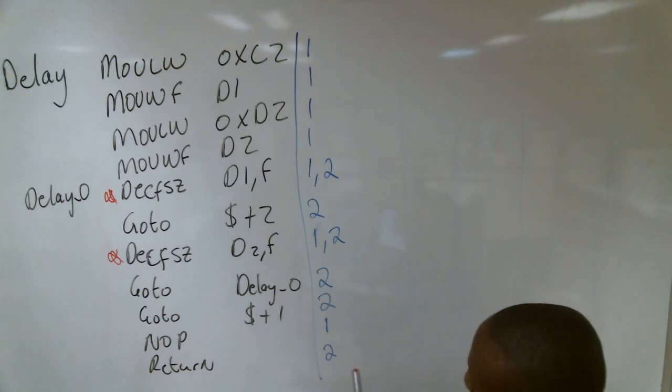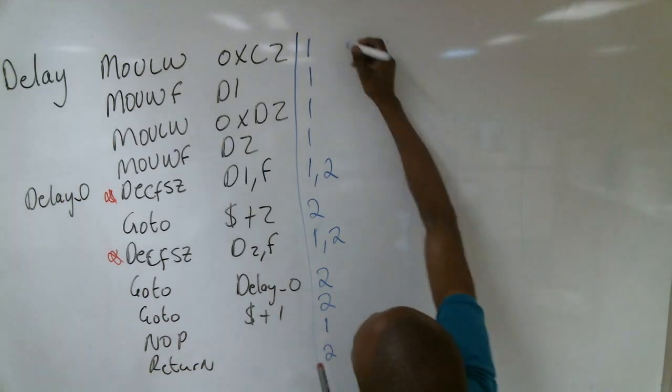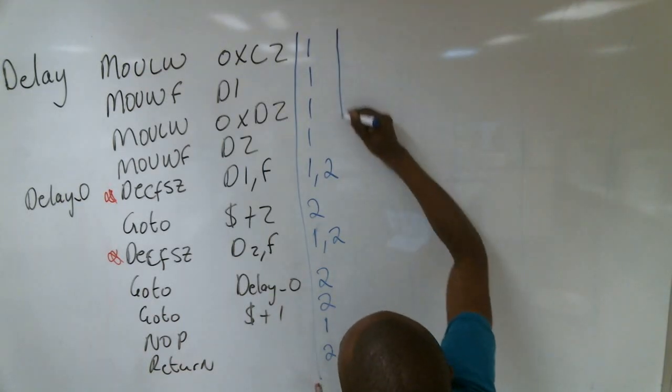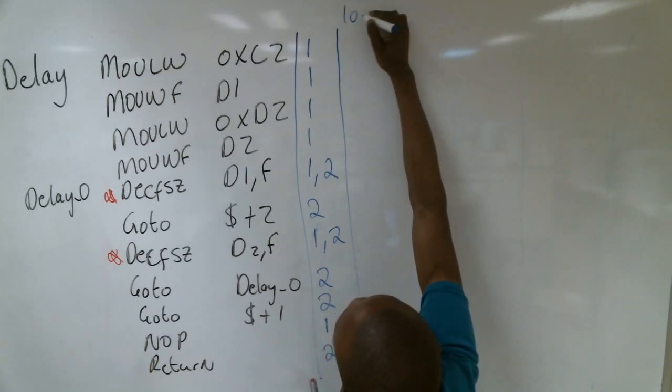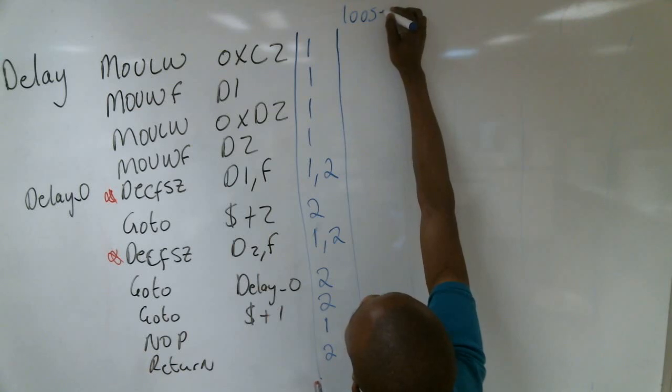So here I'll write down and say there's going to be something executed, so I'll just call them loose ends.